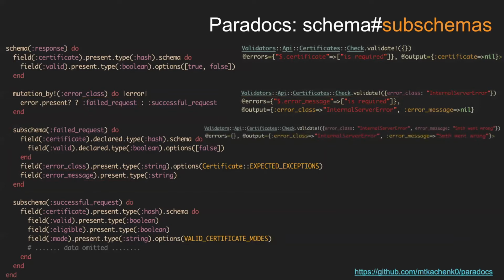After that, we pass all the necessary parameters that are expected to work with failed request subschema. We pass error class and error message, and here we see that errors are empty and output contains the data we send to the validation.